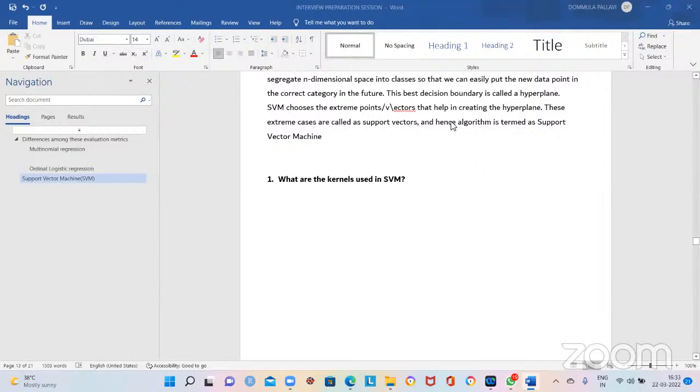Coming to the next one, what are the kernels used in SVM?